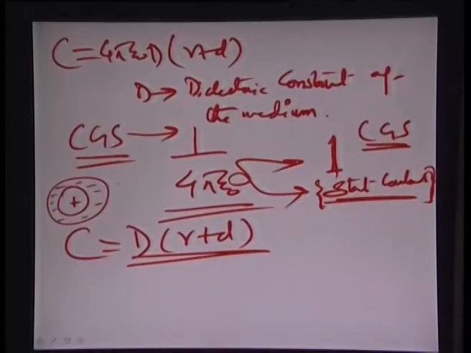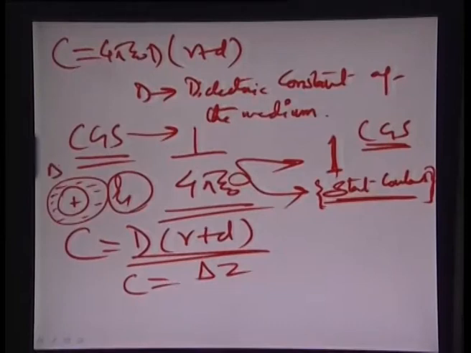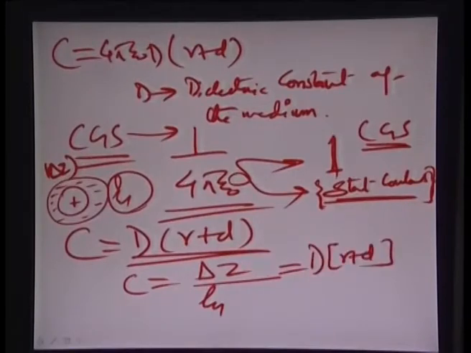If we assume the surface potential of this particular ion of interest to be zeta, then the capacitance C is essentially the total charge of the ion and the counter ion due to the shielding, per unit voltage, which is the zeta potential, and it can be equated to D times R plus D.